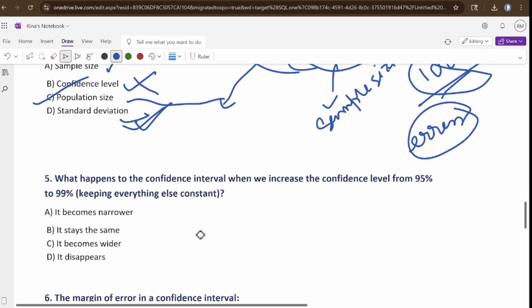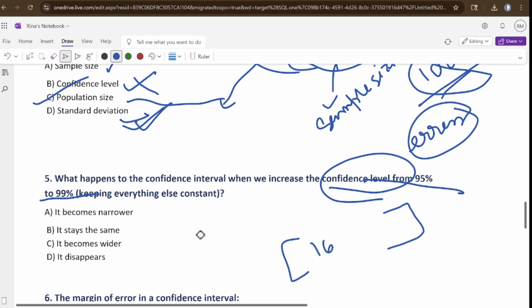Now, what happens to the confidence interval when we increase the confidence level from 95% to 99%? See, we are increasing the confidence level, so we want to be more sure. Then what do you have to do? Let's say earlier it was 162 to 168 at 95%.